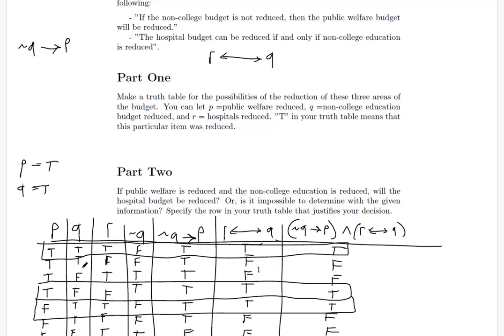So the only one we consider is the top one because that's the only one that satisfies the board's conditions. So what do we say about hospitals? R, we say that hospitals, yes, it will be reduced because R is true in that row. So for part two, it'd say hospitals reduced by our truth table.